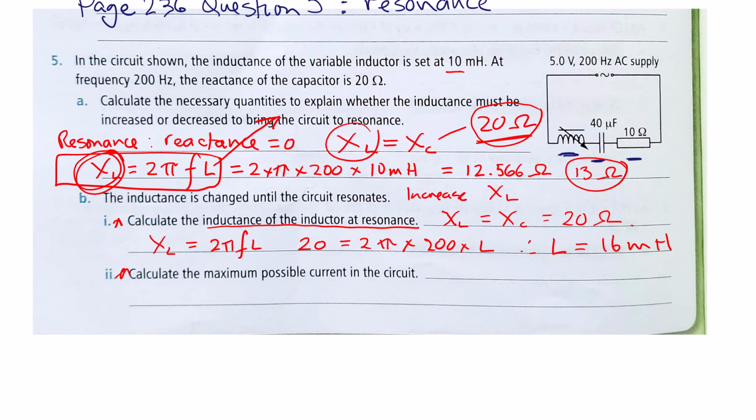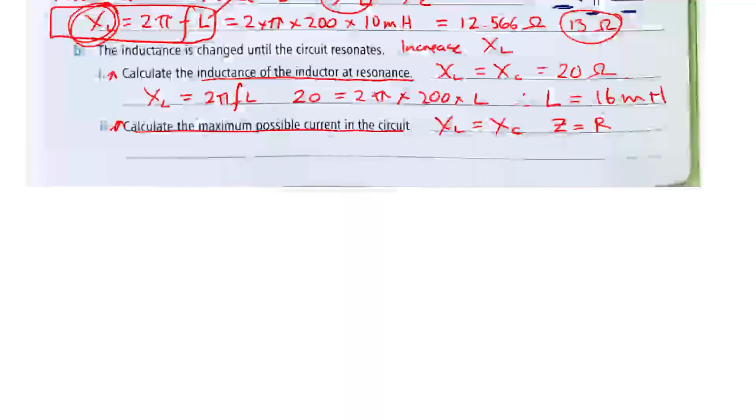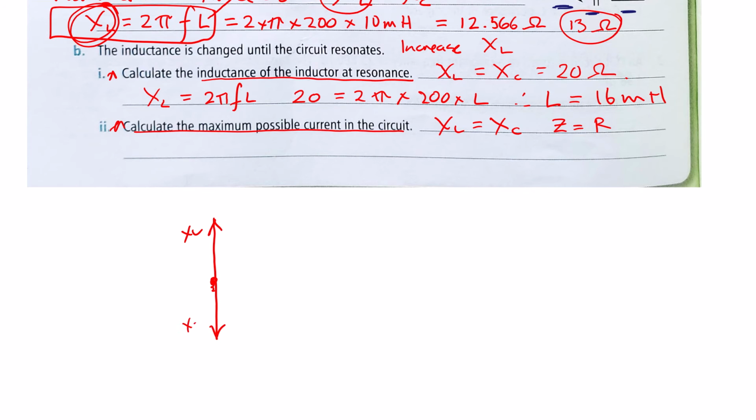To calculate the maximum possible current in the circuit, that occurs when the inductive reactance equals the capacitive reactance, which means the impedance in the circuit is equal to the resistance. Let's have a look at that. The way we calculate impedance is we add the inductive reactance to the capacitive reactance and then add it to the resistance.